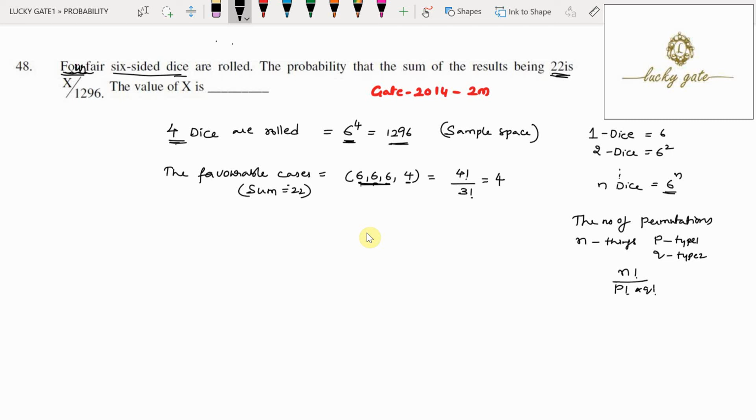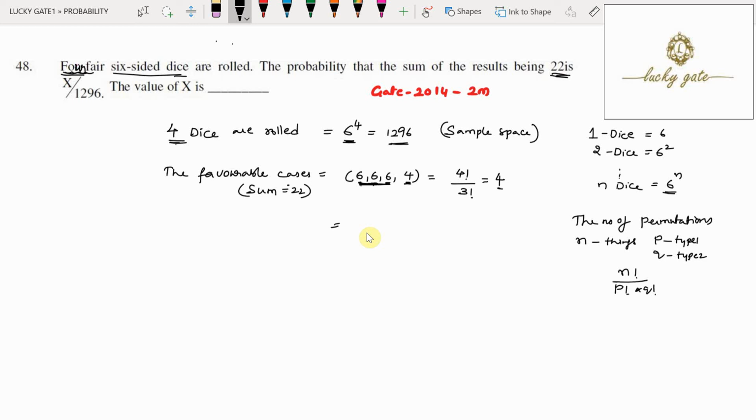Here you see there are totally 4 things. First roll 6, second roll 6, third roll 6 and the 4th time you rolled 4. But these rolls can be arranged in how many ways? 4 factorial divided by 3 factorial, since 6 is repeated 3 times, which is equal to 4. This is one of the possibilities.